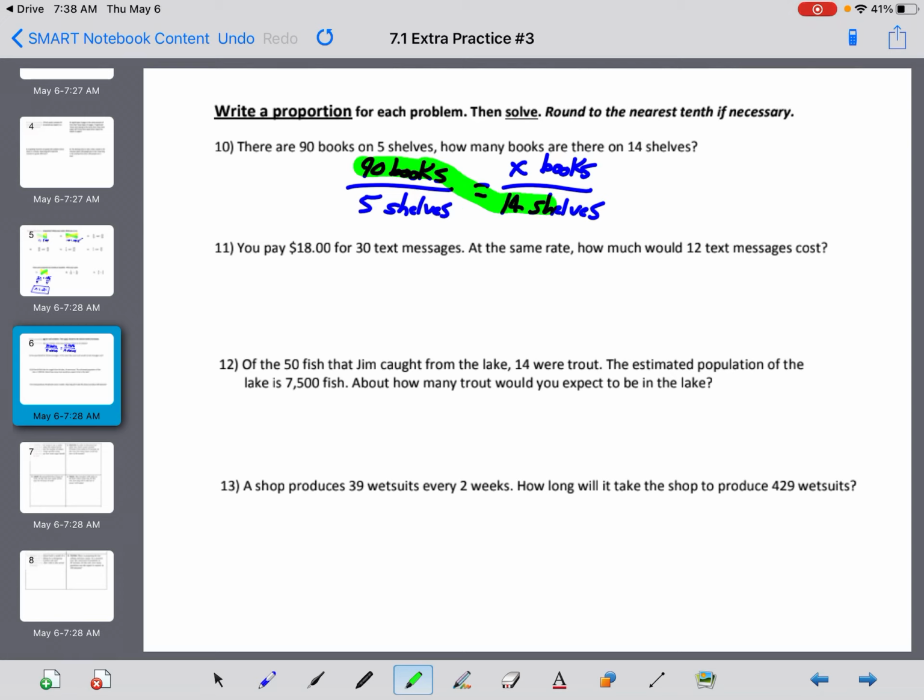So if we cross multiply, we have 90 times 14, and you have 5 times X. So we get 5X equals 90 times 14 is 1260. Divide both sides by 5, and X equals 252 books.